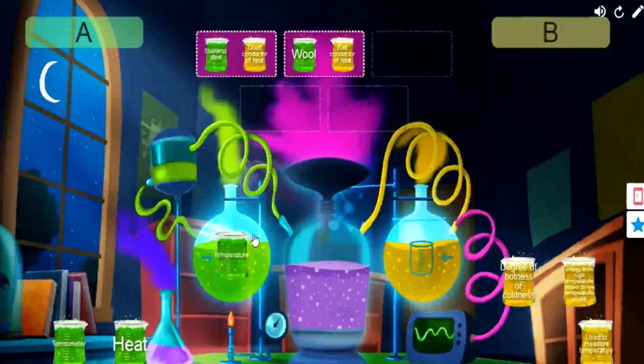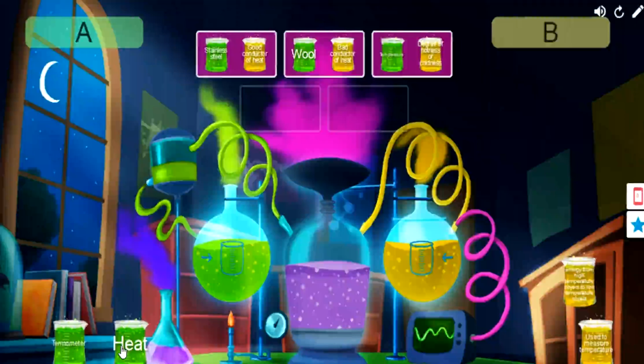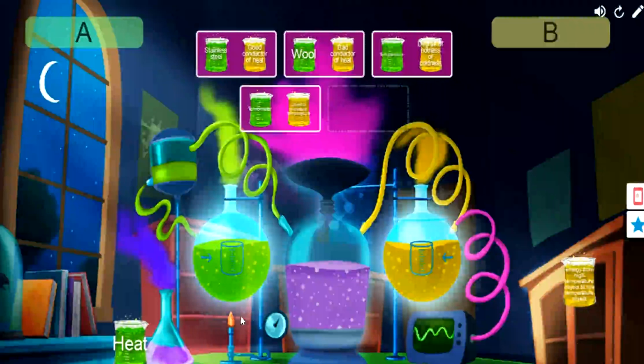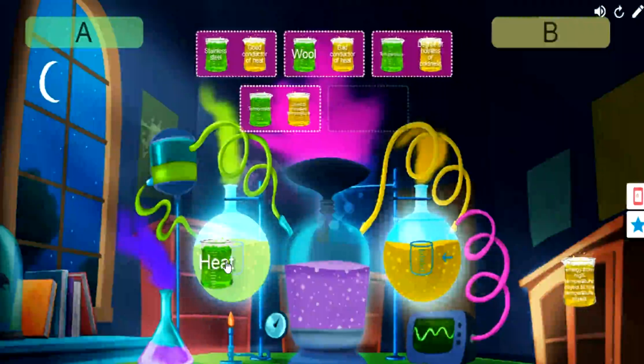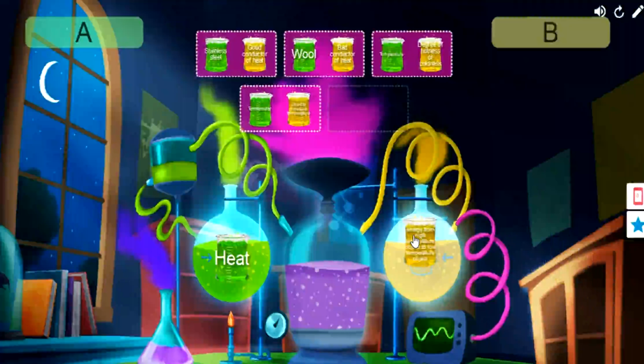Yes. Sure. The last two beakers, thermometer and heat. Thermometer, used to measure temperature. And the last beaker, heat, transfer of energy from higher temperature object to lower temperature object.